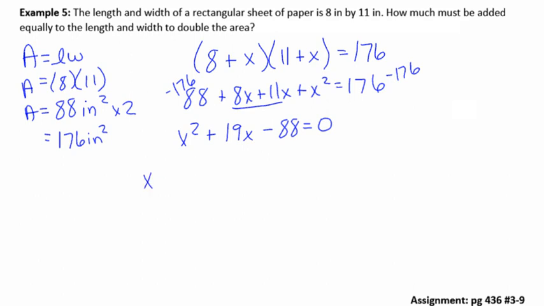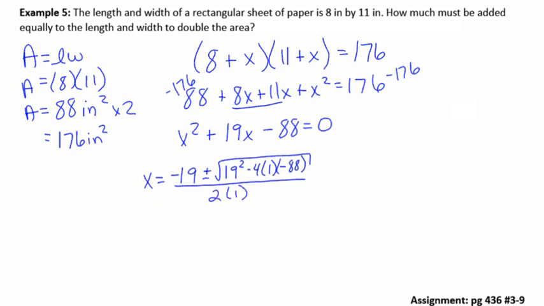x equals negative b plus or minus the square root of b squared, subtract 4ac, all over 2a. Negative 19 plus or minus the square root of, when we simplify that, I get 713, all over 2.